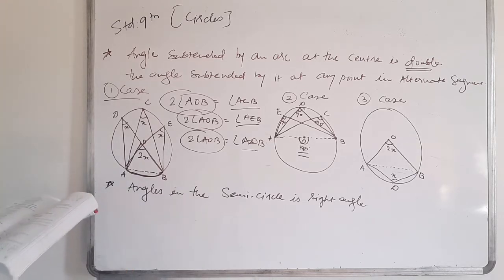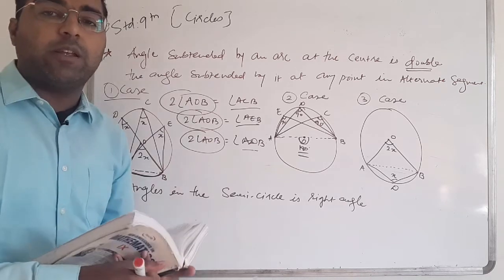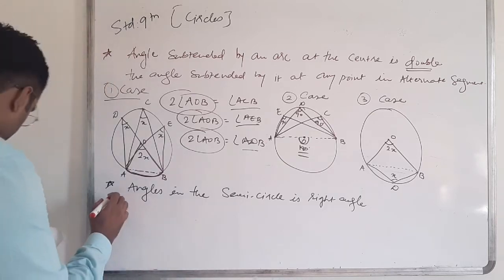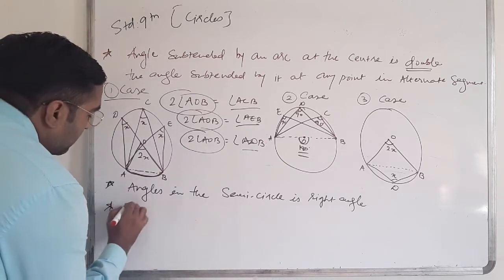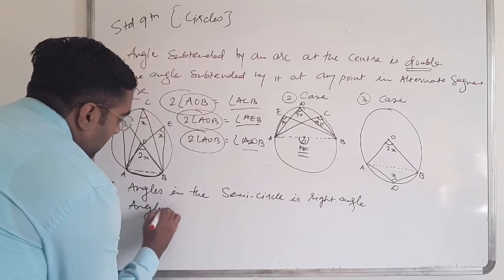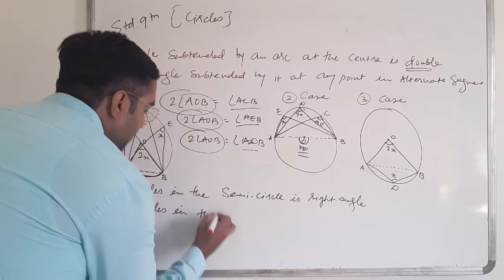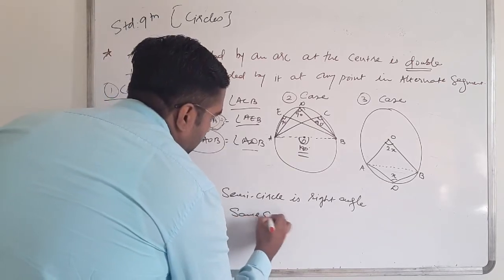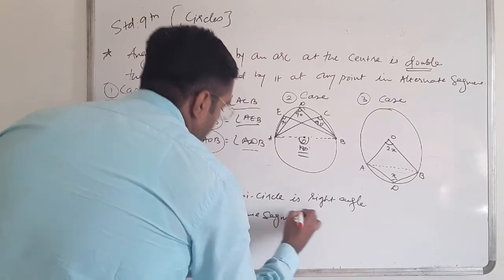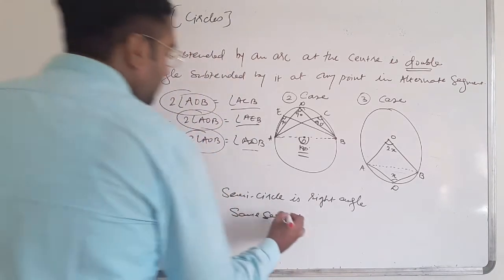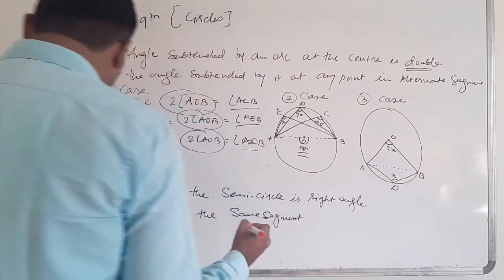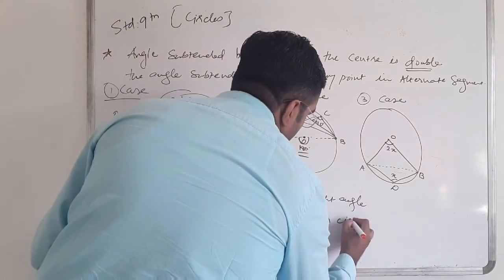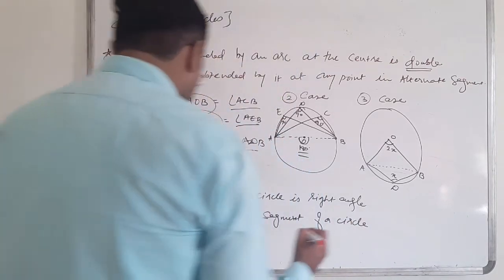So the next theorem is: angles in the same segment of a circle are equal.